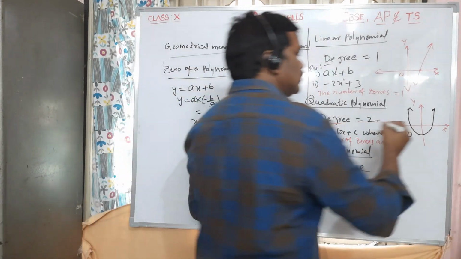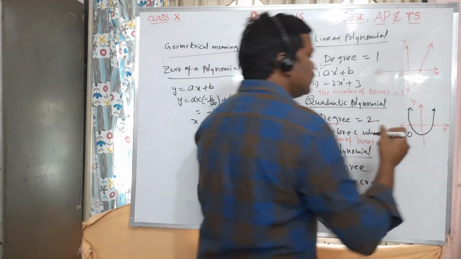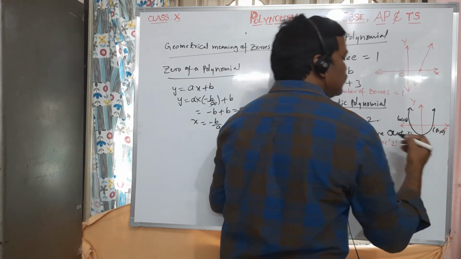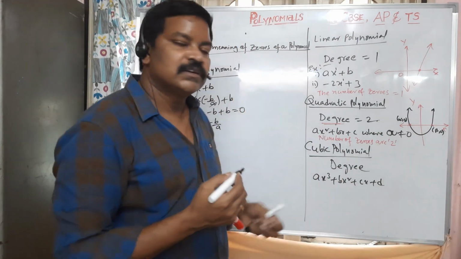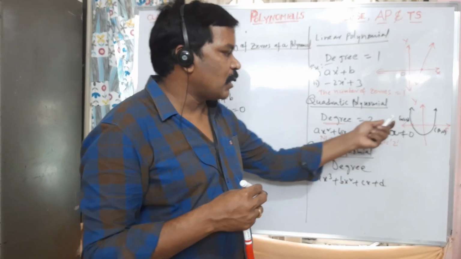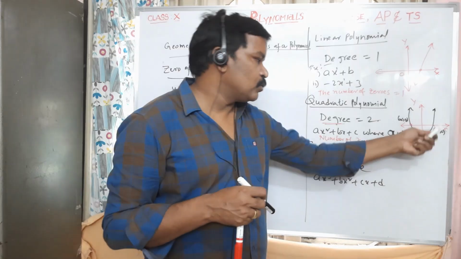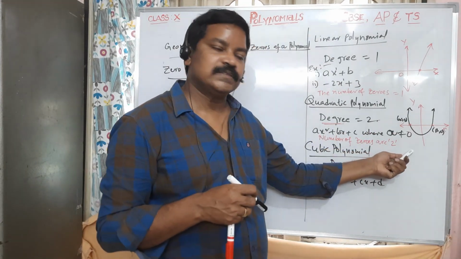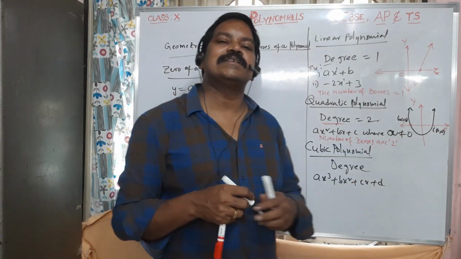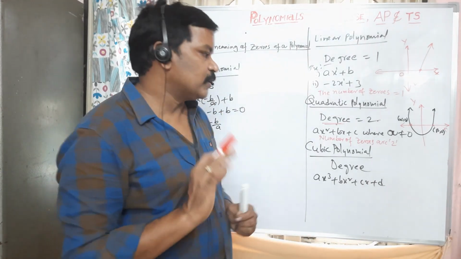Yes, 2 points, here and here. Let them be alpha comma 0 and beta comma 0. Since it intersects the x-axis, the y coordinates become 0. So the number of zeros is 2 here.